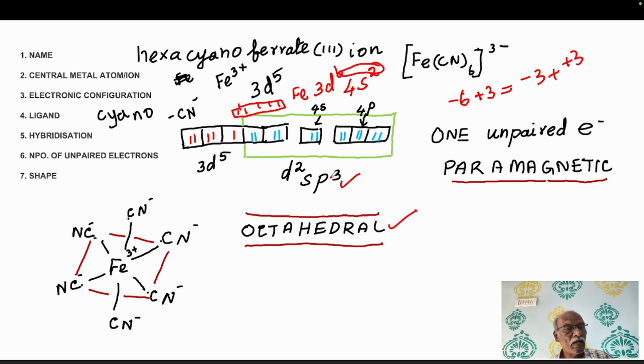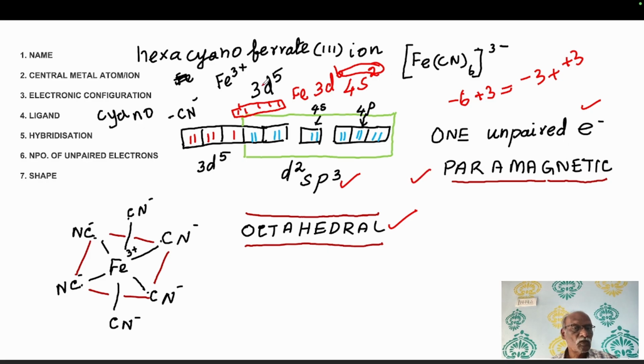And we have only one unpaired electron. Otherwise, it is supposed to have 5 unpaired electrons. So only one unpaired electron is there. Still, it is paramagnetic. Even though the magnetic moment is less, it is a paramagnetic compound.